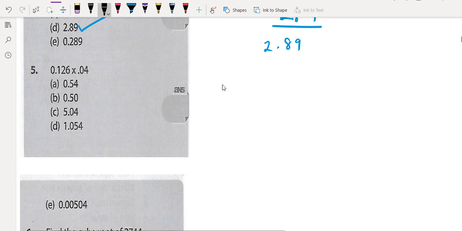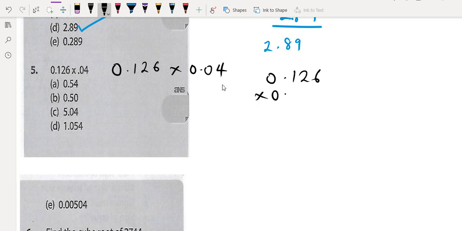Okay, so let's say this is 0.126 times what? 0.04. So let's go 0.126 times 0.04. So let's go 24.